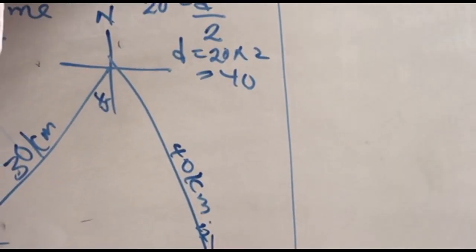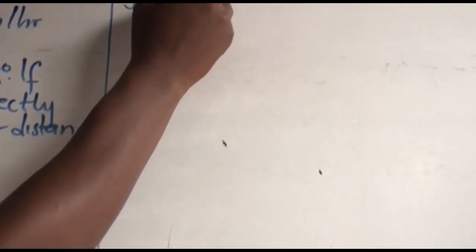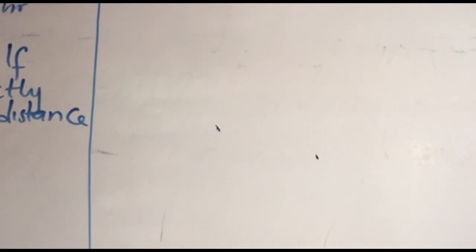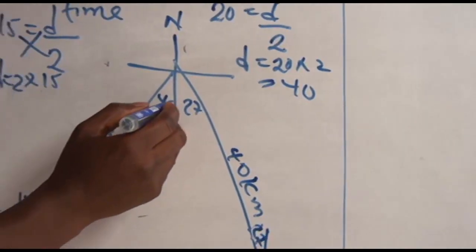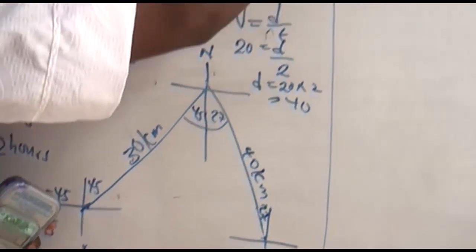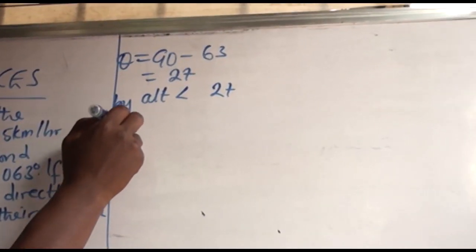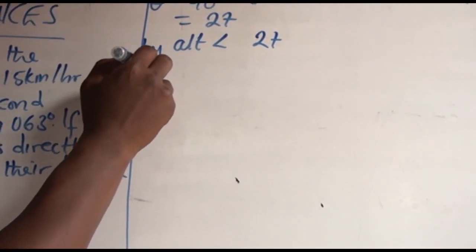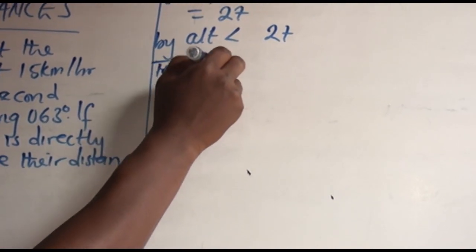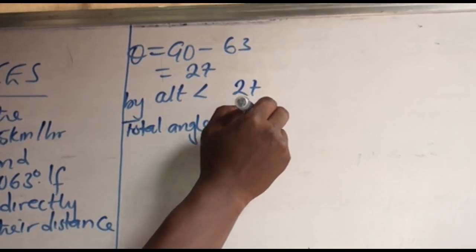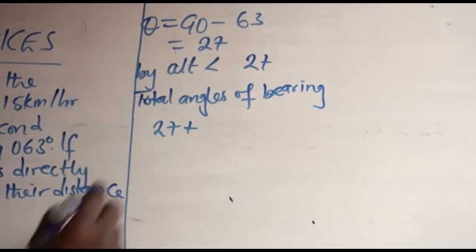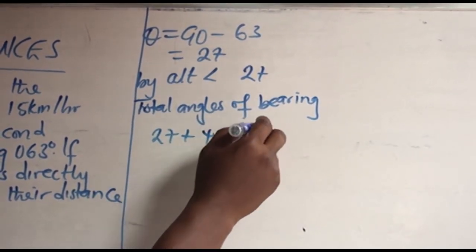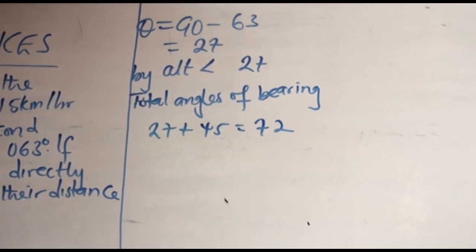By alternate angles, this is 27. The total angle of bearing will be 27 plus 45, which gives us 72 degrees.